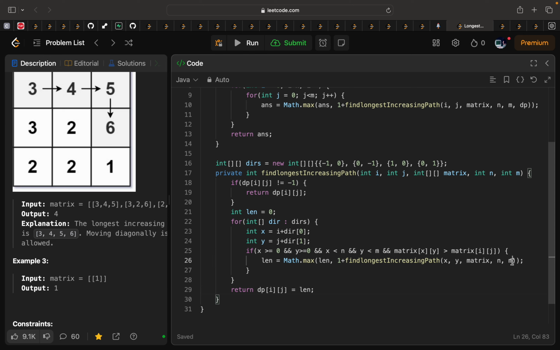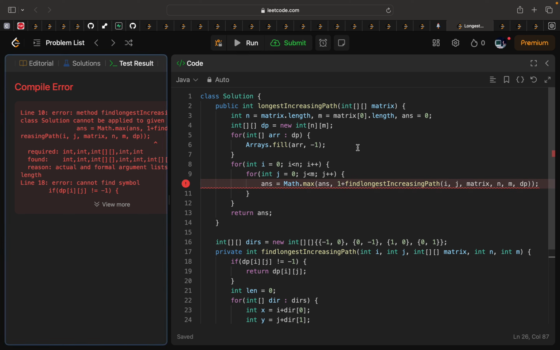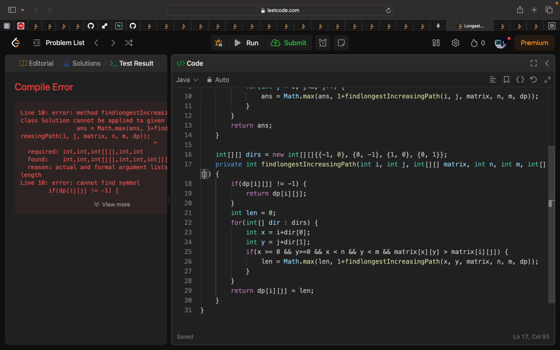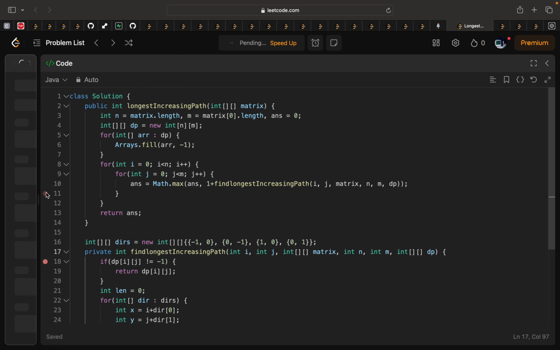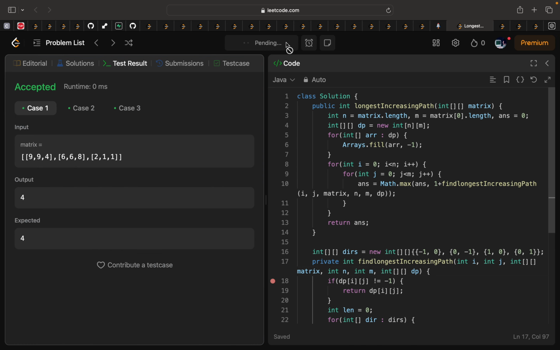And we also need to pass dp here also. Let's run this. Okay, what issue we are having, we need to pass dp here also. Okay, let's submit this.